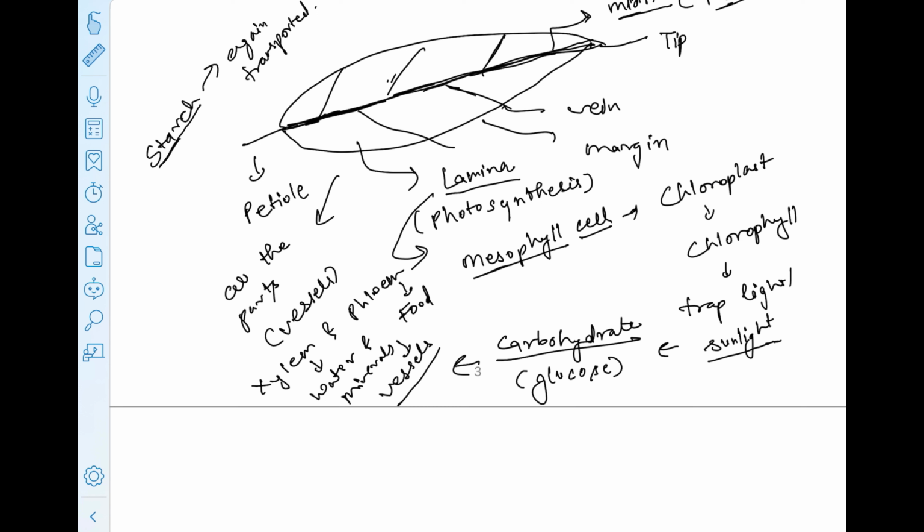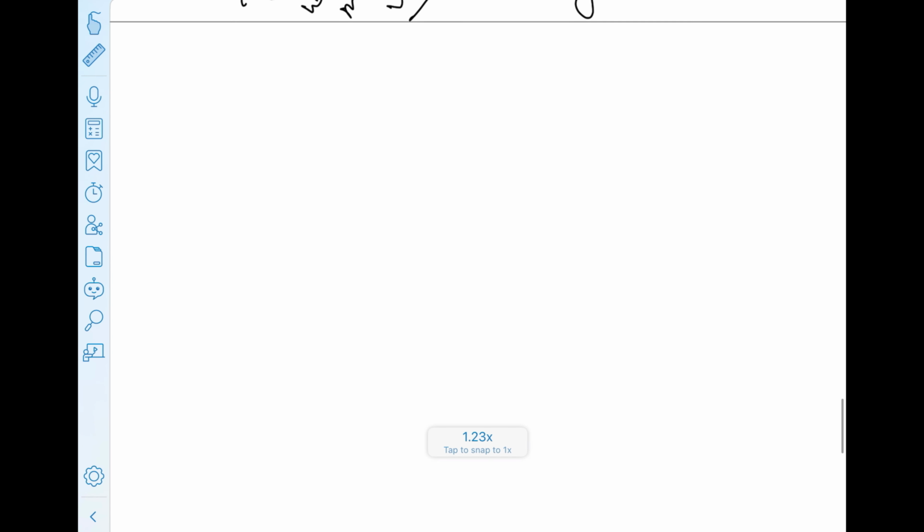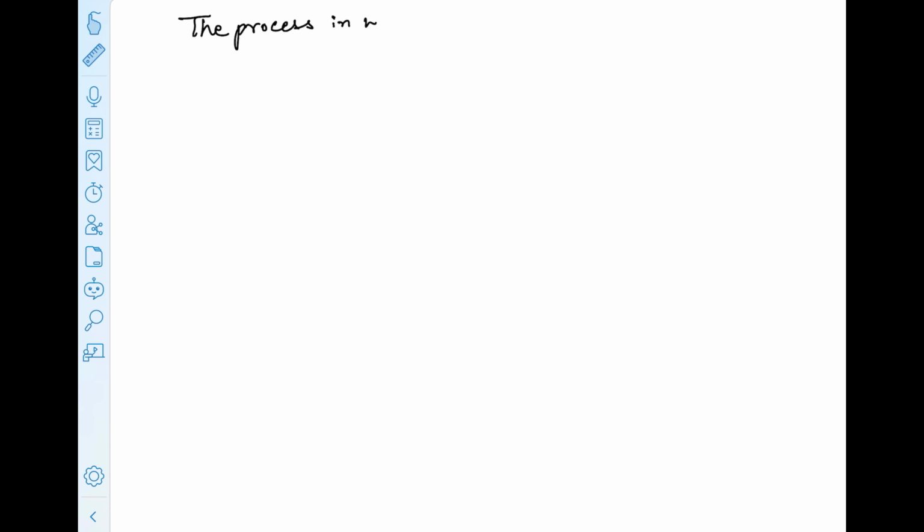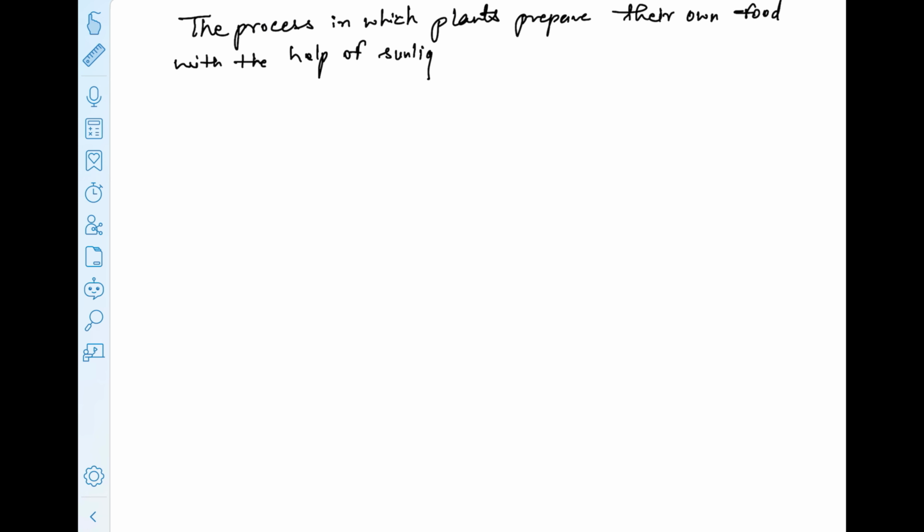So, let us define the process of photosynthesis. What is photosynthesis? The process in which plants prepare their own food with the help of sunlight and in the presence of chlorophyll is known as photosynthesis.